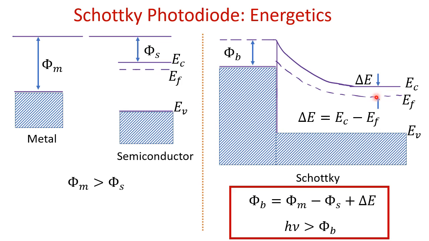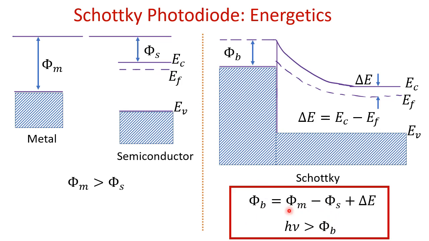This is the extra energy that needs to be provided. This would be the binding energy that needs to be provided for the electron to be released from the metal into the semiconductor.